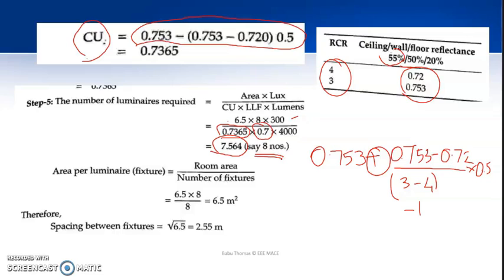Now you need to see whether the fixtures are fixed at a good spacing, and therefore you need to find out the area per luminaire or fixture, which is room area divided by number of fixtures. So 6.5 into 8 divided by 8, you are getting 6.5 meter square, and spacing between the fixtures is root of area, that is nothing but 2.55 meter.